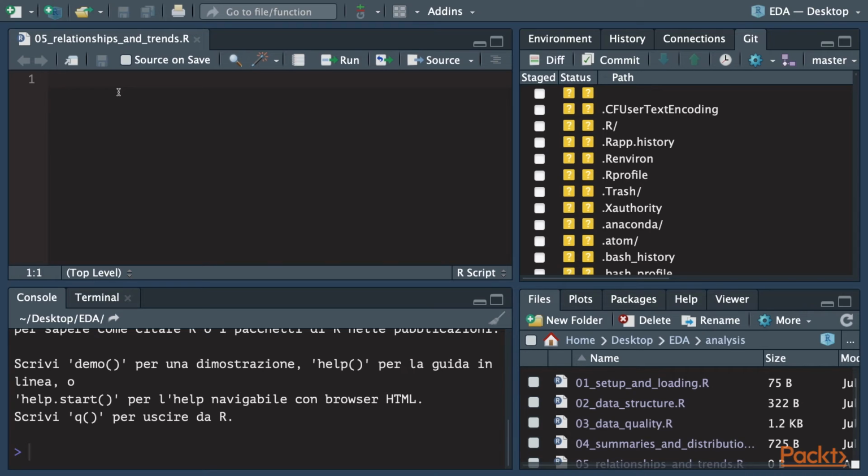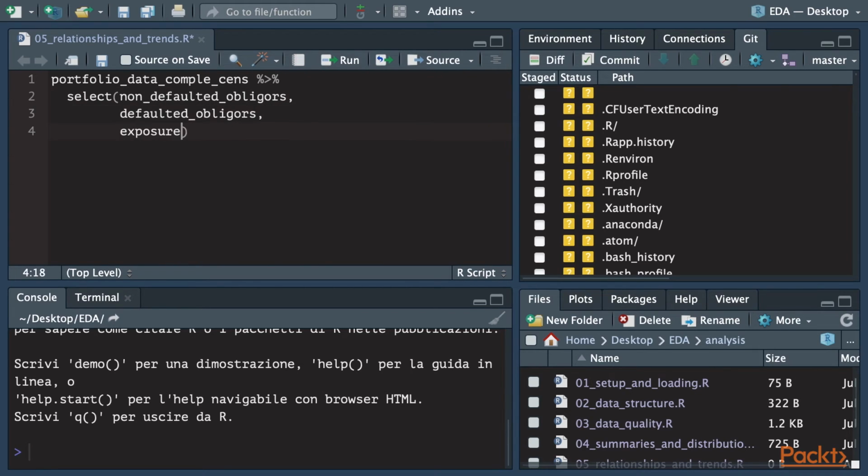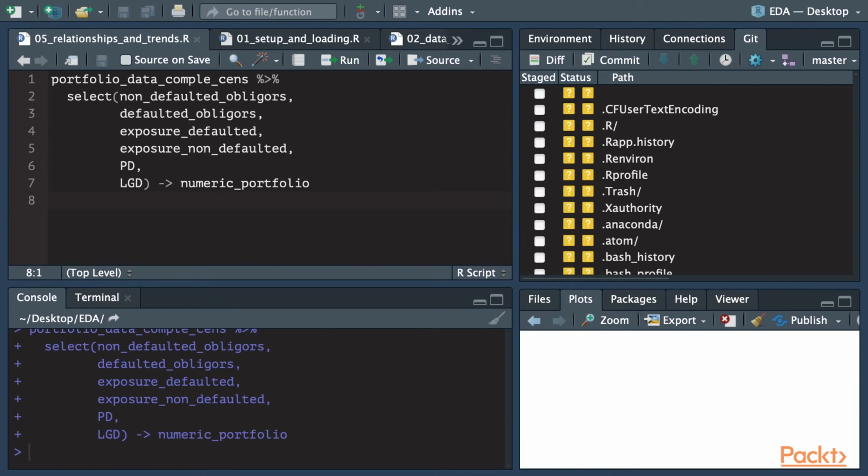So, let's try to select the numerical variables and assign this new object named numeric portfolio. All we have to do now is to apply the cor function on this object.